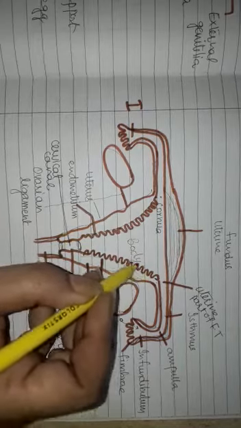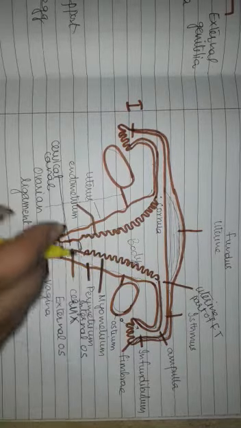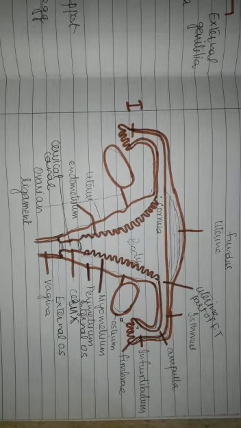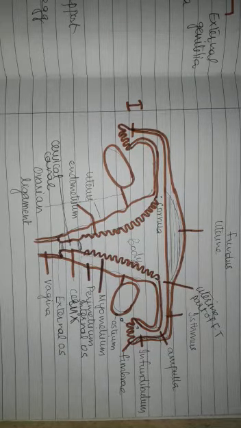This endometrium shows that its thickness undergoes cyclic changes during various phases of the menstrual cycle. Now what are the functions of uterus?